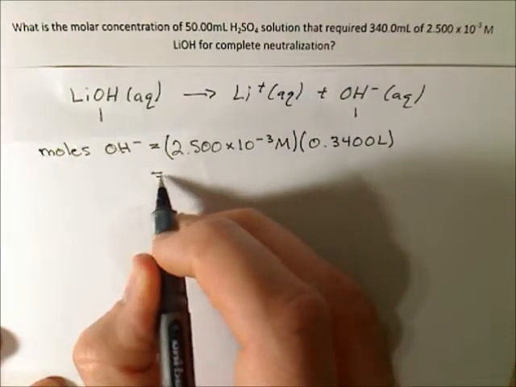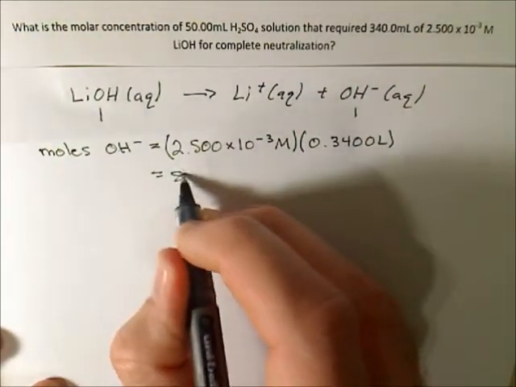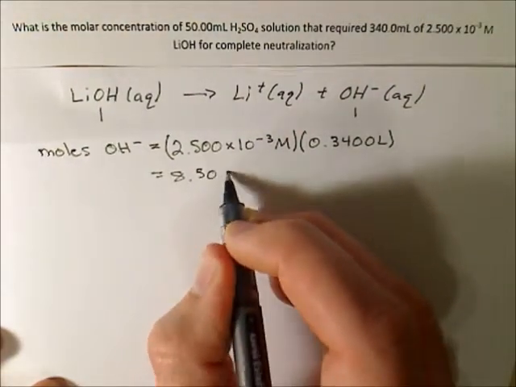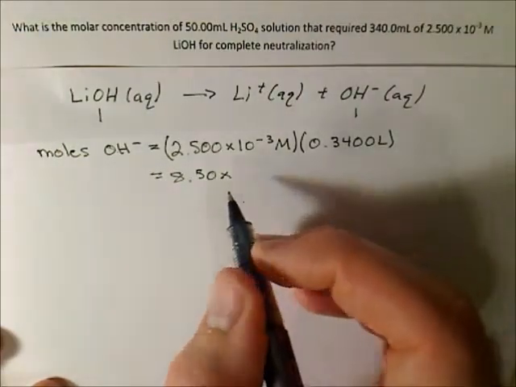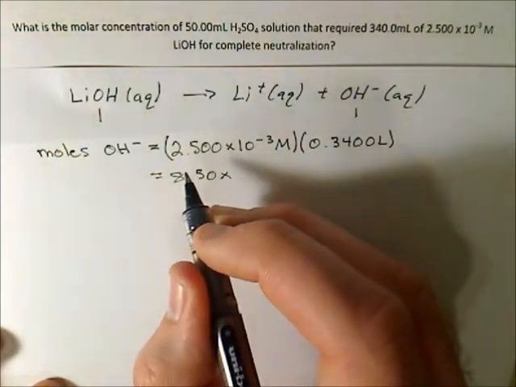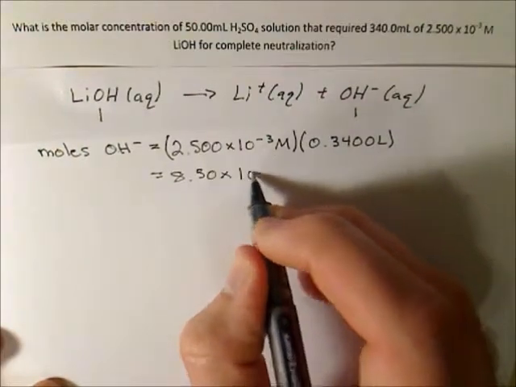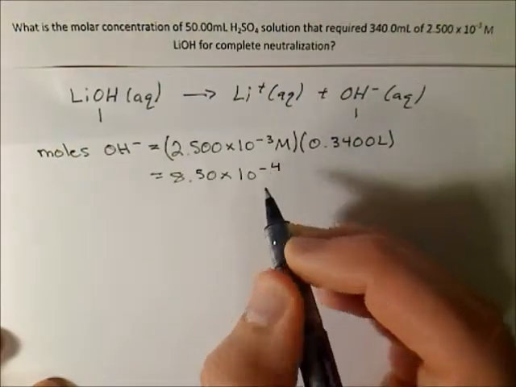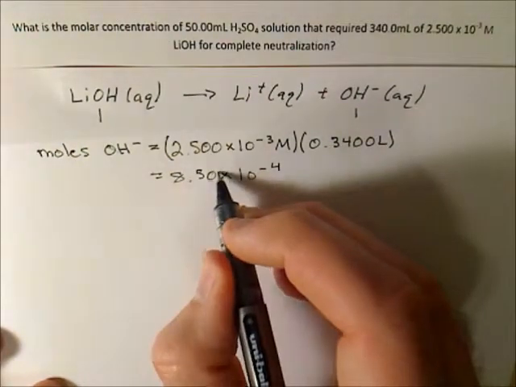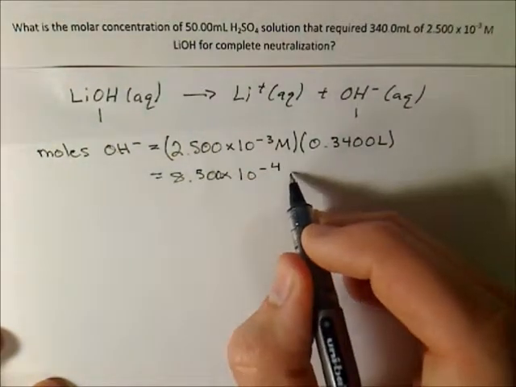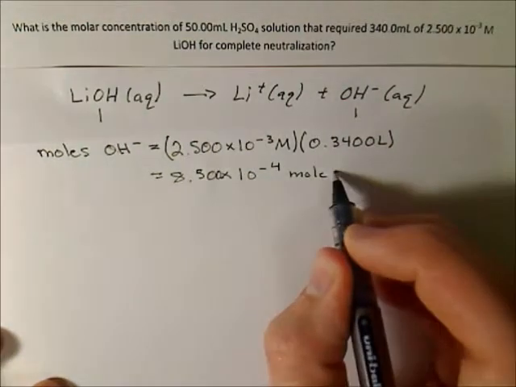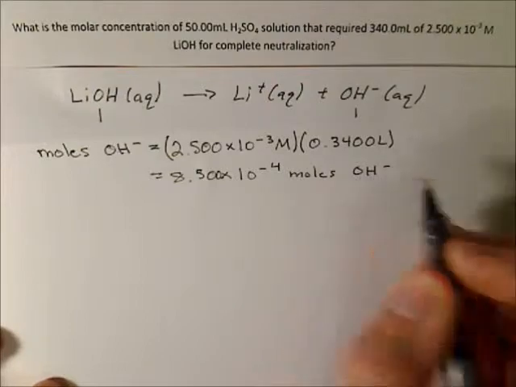And when we do that, we should get 8.50 times 10 to the negative fourth, 500 moles. Okay.